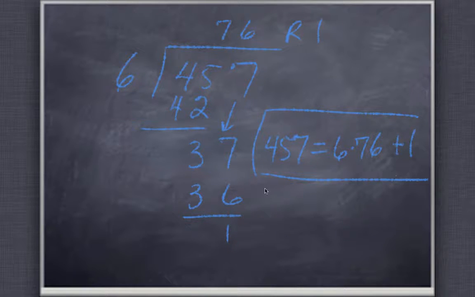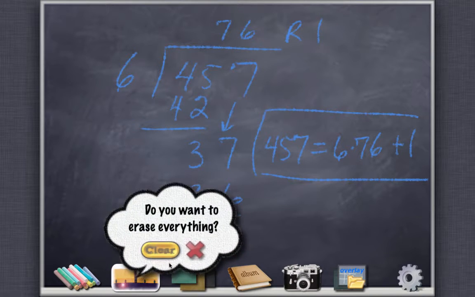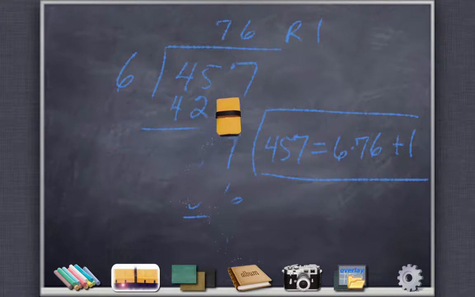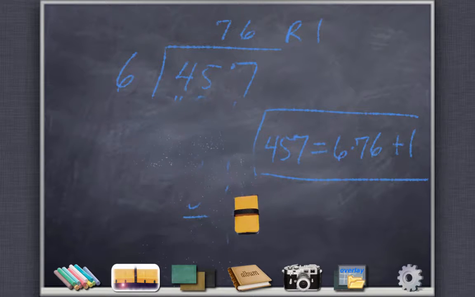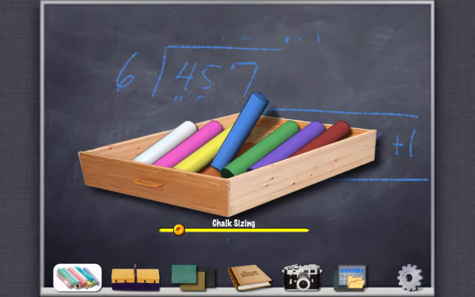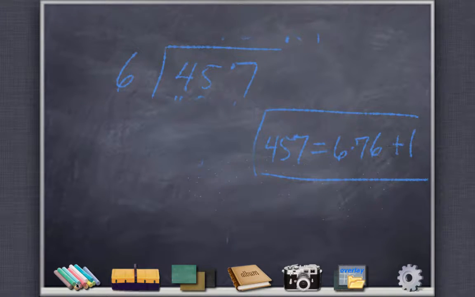The other thing that I want to note about this long division, the thing that you probably don't think about all the time when you're writing down numbers, is the base 10 property of them.